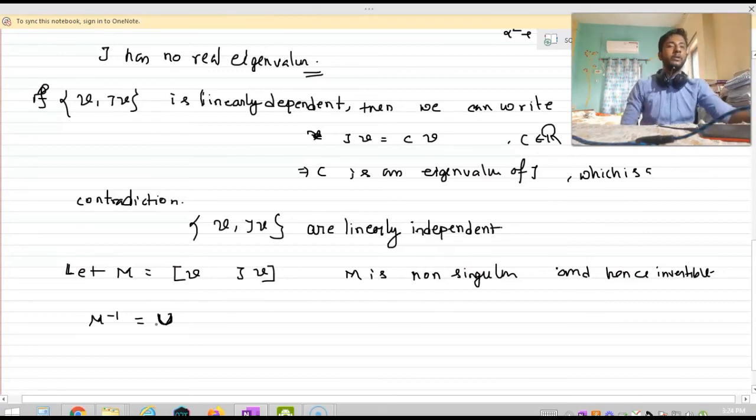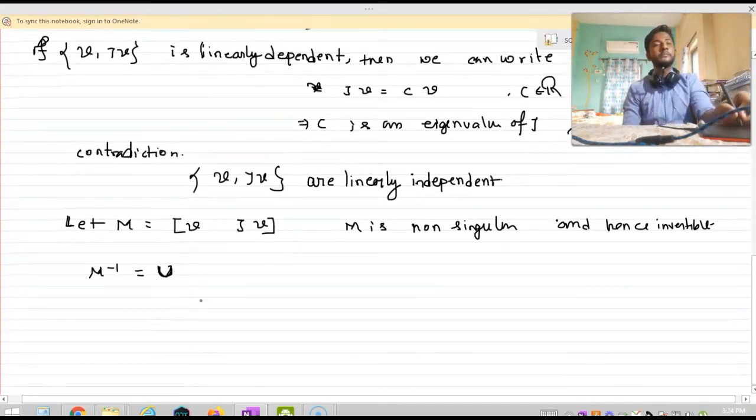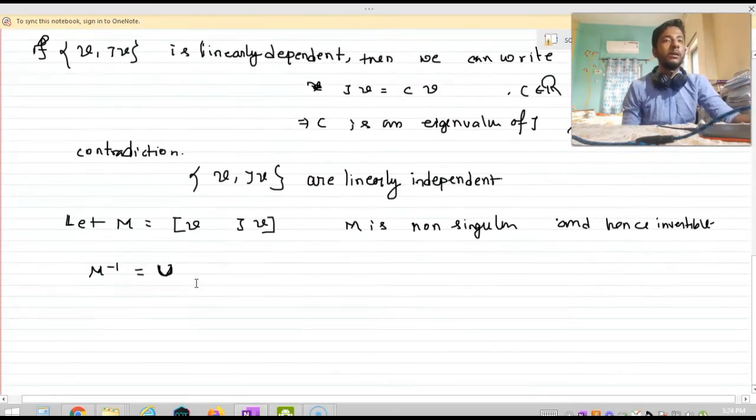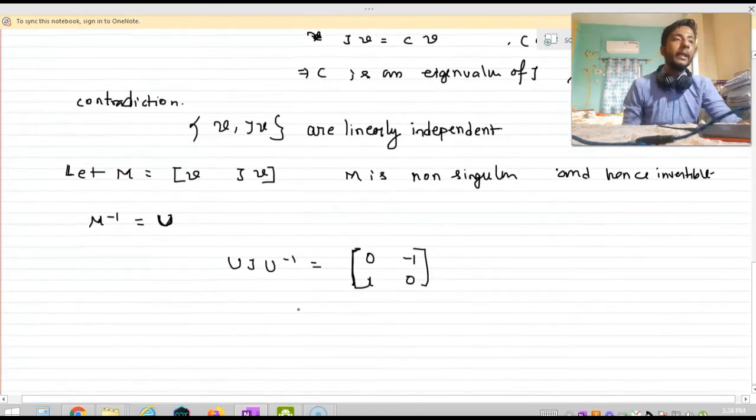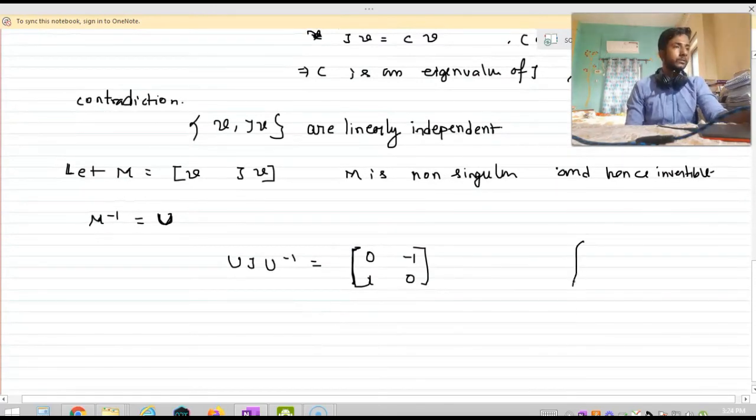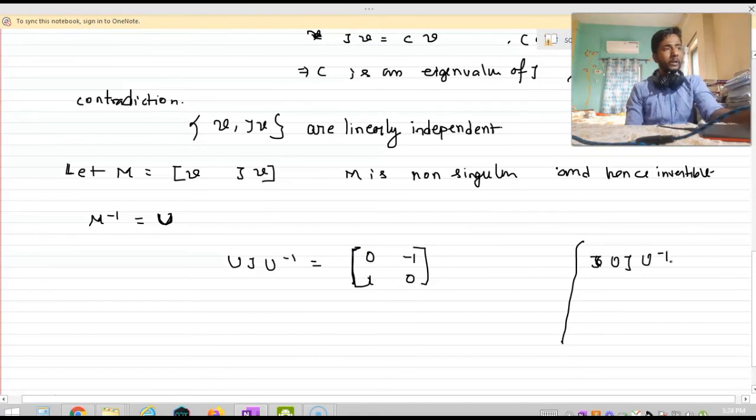Now, what do we have to show? We have to show that U inverse is equal to [0, -1; 1, 0]. Now, how to approach this? Let me show you by a back calculation. We have to show U inverse is equal to [0, -1; 1, 0].